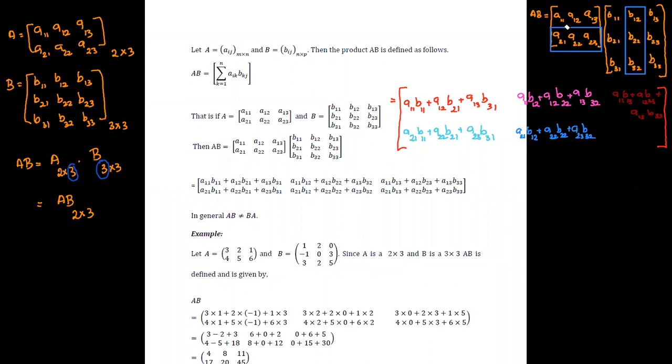Then we have to move to the third column. Now still we are at the second row in the first matrix, and then we are moving to the third column of the second matrix.